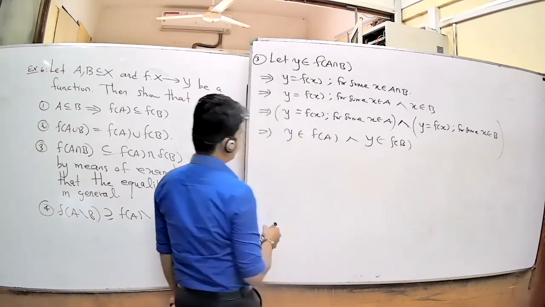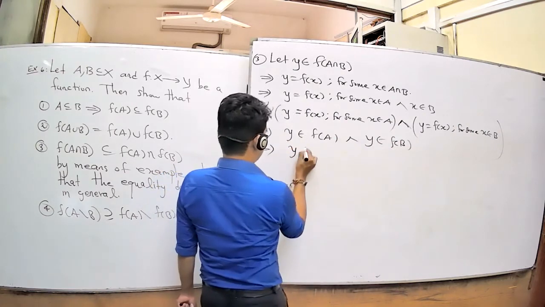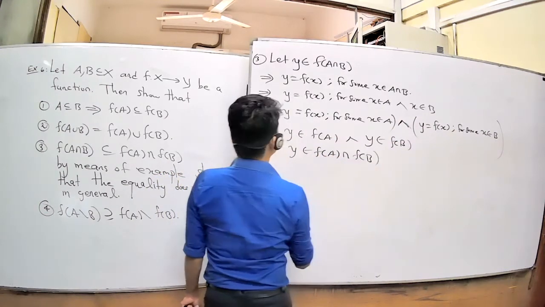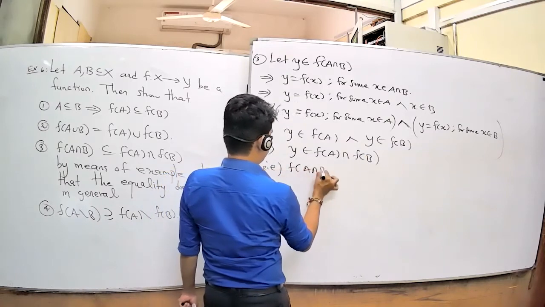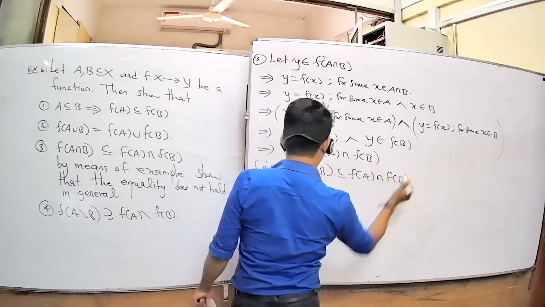We already know that. That's right. y belong to f of a intersection f of b. That is, f of a intersection b is a subset of f of a intersection f of b.